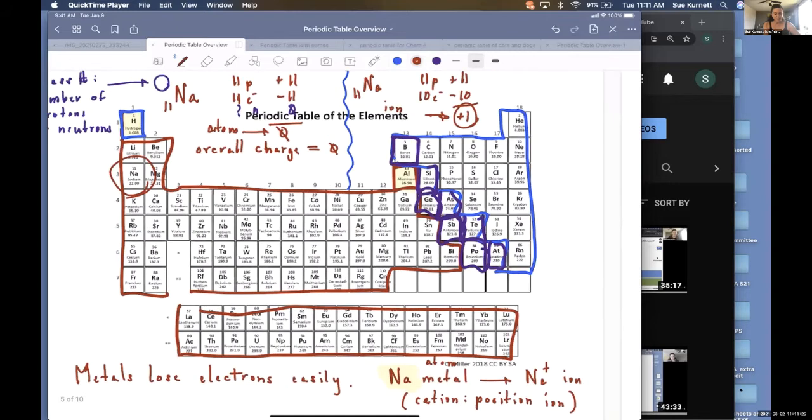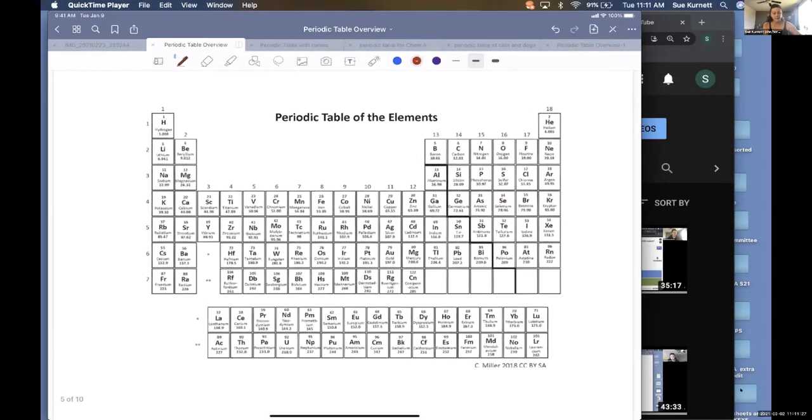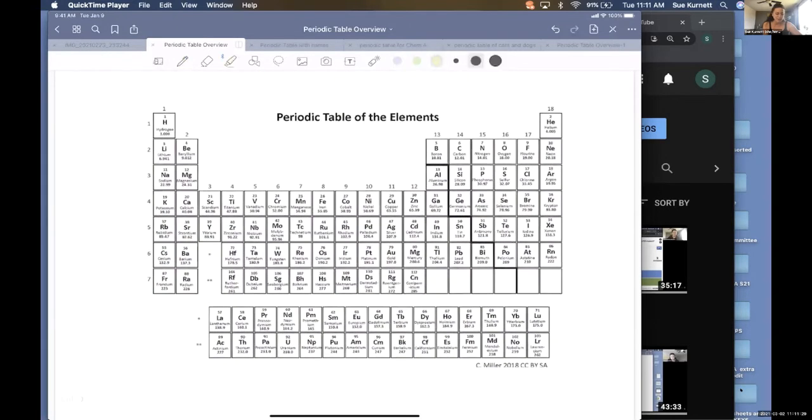Okay, so the periodic table has groups, and a group is just a column. And those columns are a column because they have something in common. And the thing they have in common is the number of valence electrons. And valence is a word that we'll encounter later. I'm just using it.